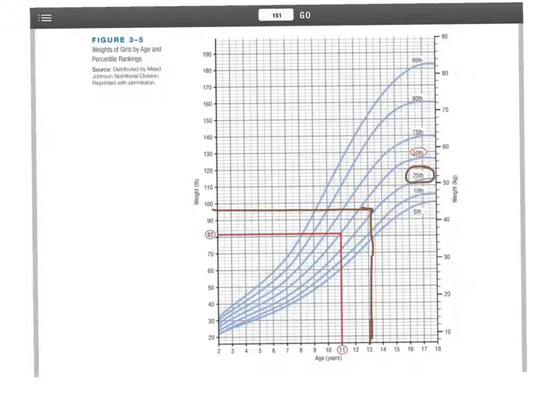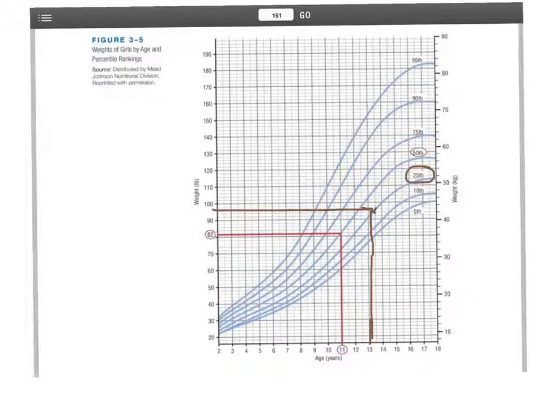So they would make these little ogives, essentially. They look at weight and age, and they would create this little multiple ogive. They would read it: okay, this is the 20th percentile curve. If I was 95 pounds at 13, I would be in the 25th percentile.